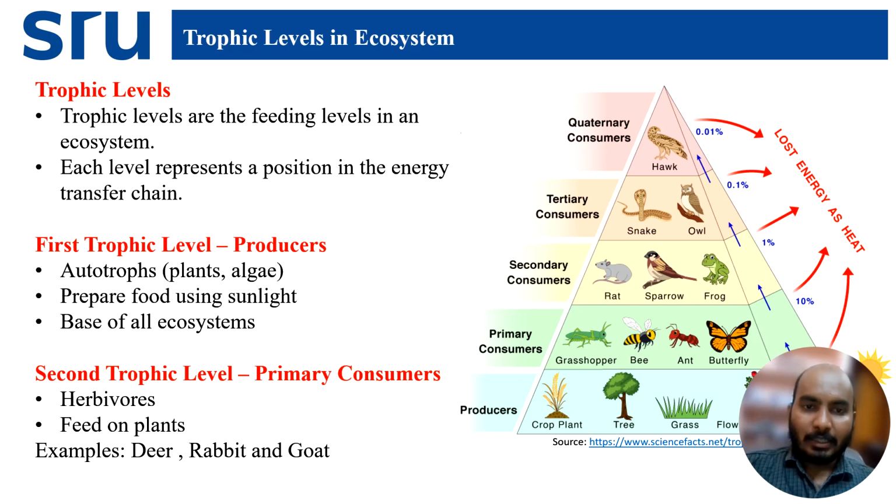Next is primary consumers, which are herbivores that depend on the producers, that is, on plants. However, they do not utilize all the energy present in the plants.